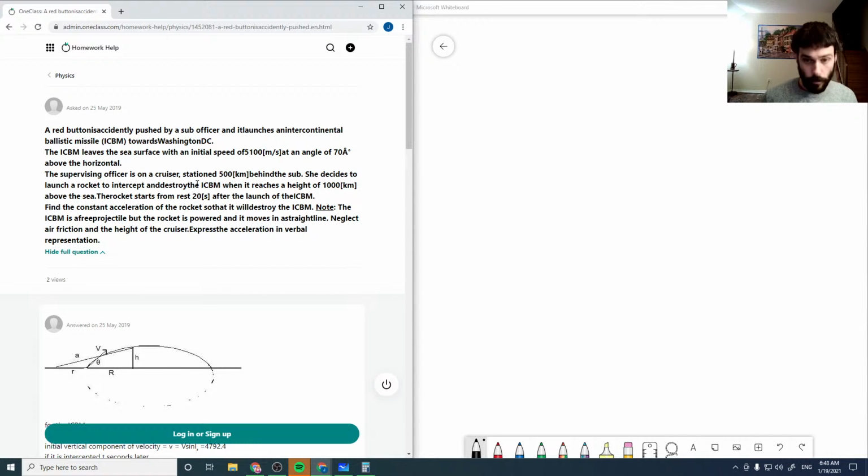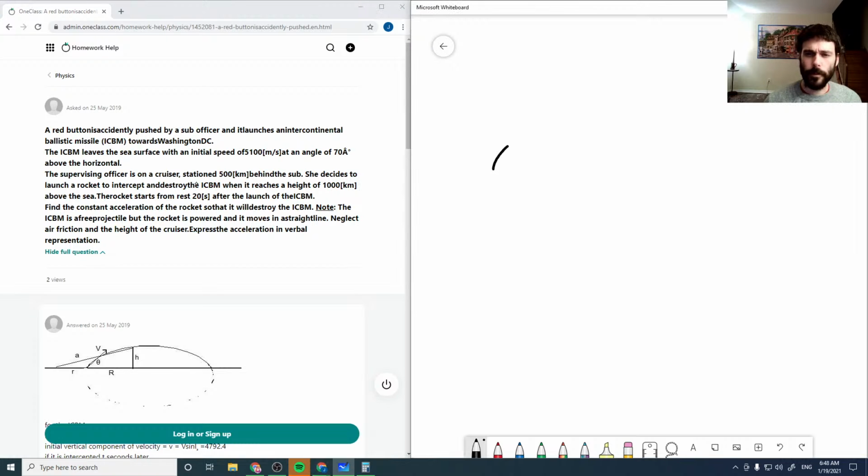All right. So for this one, a red button is accidentally pushed and it launches an ICBM. The ICBM leaves the sea surface with a speed of 5,100 meters per second at an angle of 70 degrees.